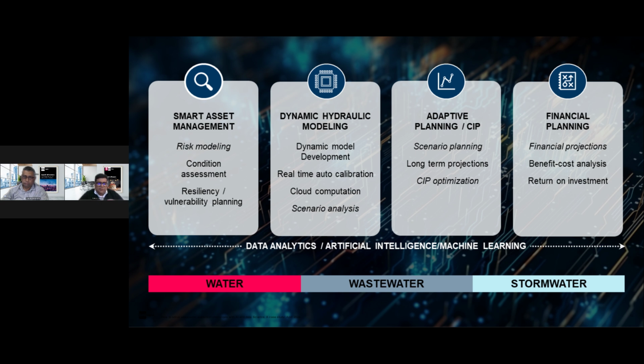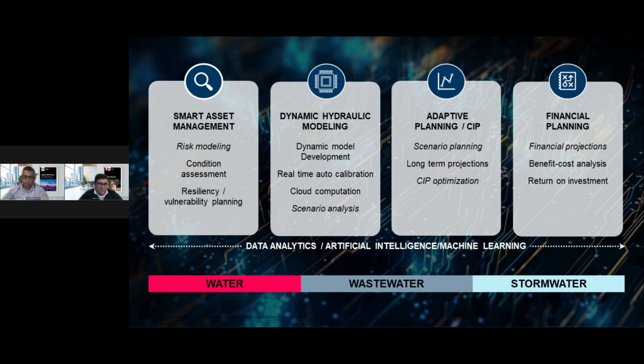All the different boxes here are different modules based on digital technologies like data analytics, AI, and ML. I'm talking about smart asset management, dynamic hydraulic modeling, adaptive planning, financial planning, and even resiliency. That last box is currently under development.